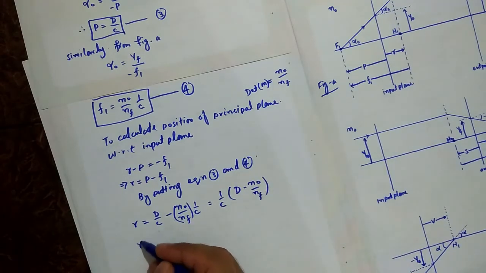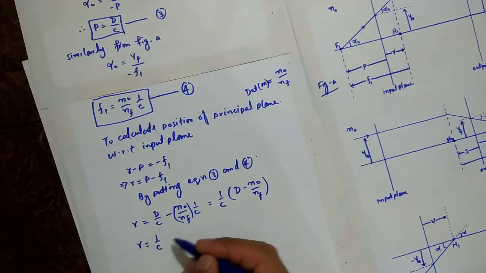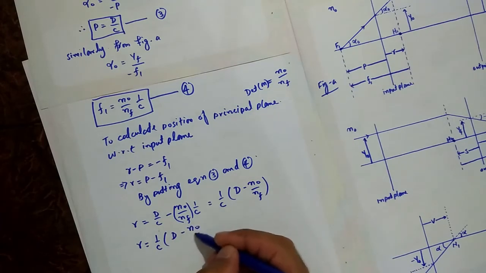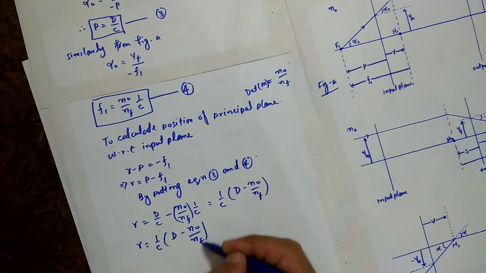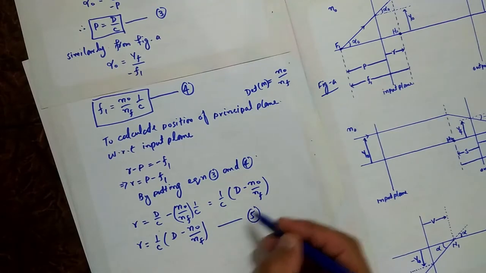So this is the R, which is 1 upon C into D minus N0 over NF. So this is equation number 5.